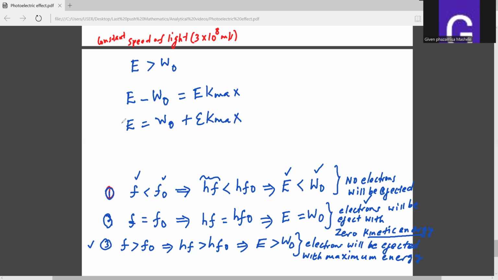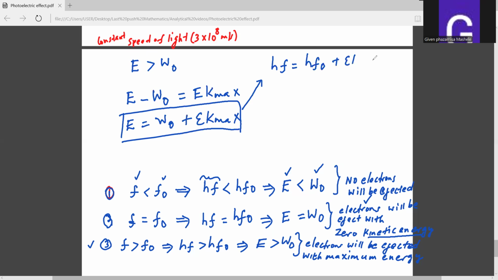So this is called the photoelectric equation. I think they've shown it there. With this photoelectric equation, we can calculate E using hf, and W naught is hf naught, plus the EK maximum.